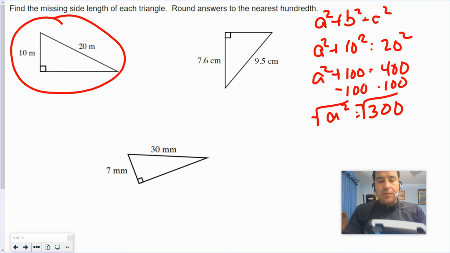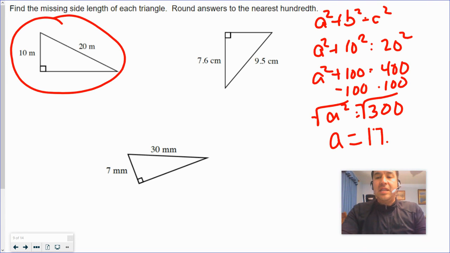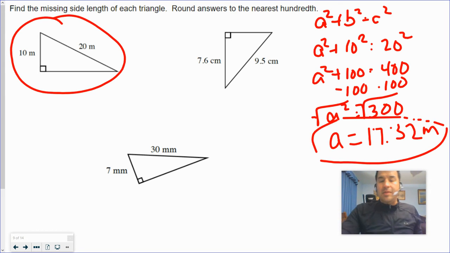And the square root of 300 is A equals, demo to right, 17 and 32/100 meters. That is the answer to the first problem. Is that what you got? Look at it. Pause the video if you need to analyze it and compare it to your work, okay?